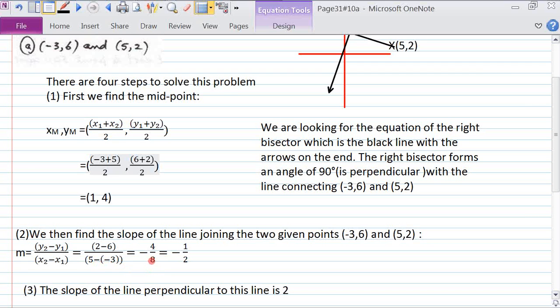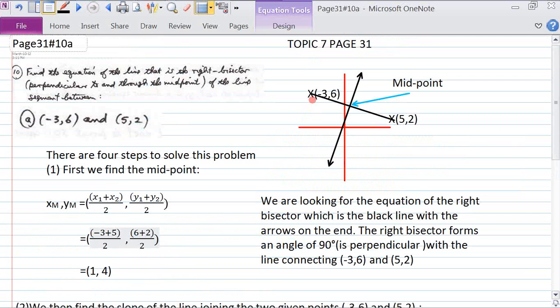So we get -4 over 8, which really reduces to -1/2. So we now know that the slope of this line is -1/2.